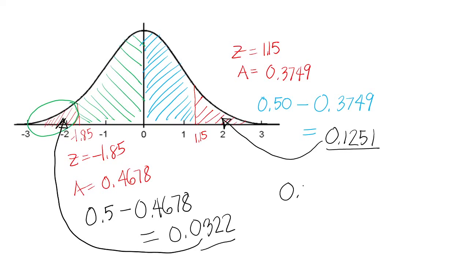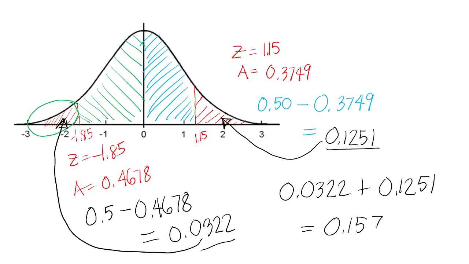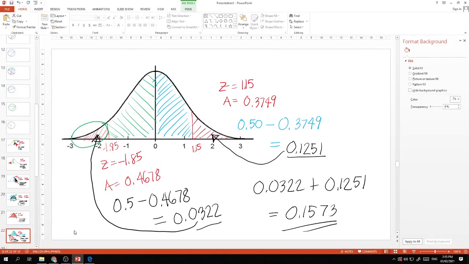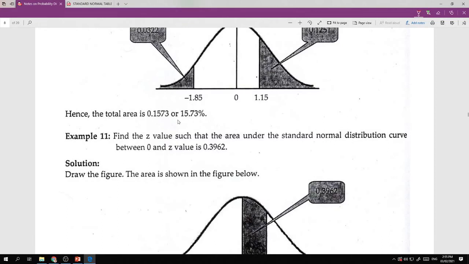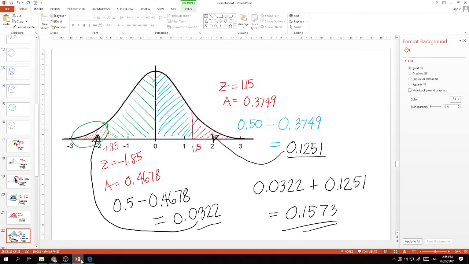Very good. I'm going to be adding the two: 0.0322 plus 0.1251. And how much is that? 0.1573. Oh, this is now the answer to our problem. There you go. Is this the answer? 0.1573. Okay, there you go.